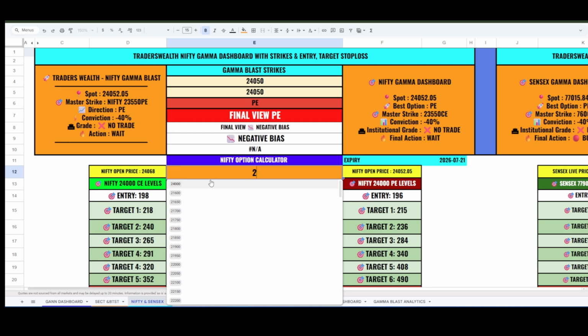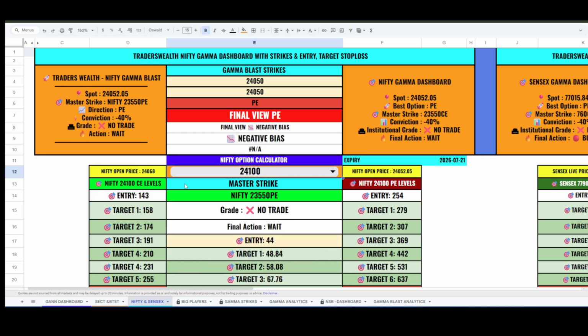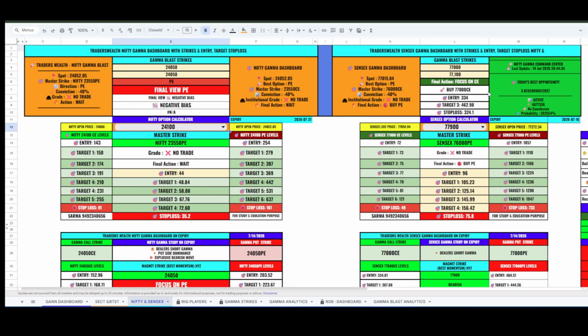If you want to buy 24,100, it immediately selects and gives you the current price along with entry, targets and everything for both strike prices, like call option and put option. On the right side, you can see Sensex is given here. That means you have Nifty, Bank Nifty, stocks, Sensex, and Gamma Blast for Nifty and Gamma Blast for Sensex. Everything is given here.